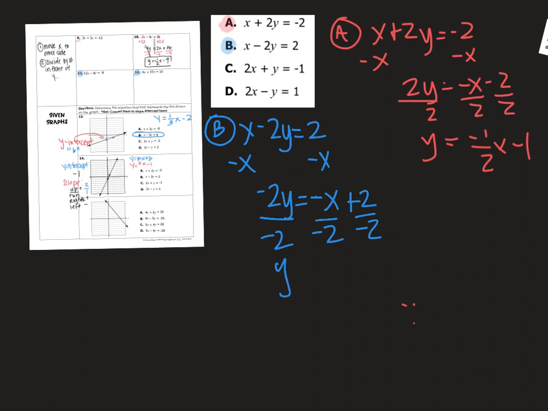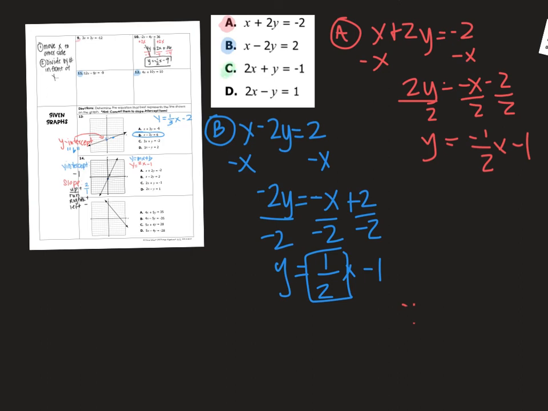You'd be left with y equals negative 1 divided by negative 2 is 1 over 2x. And then 2 divided by negative 2 is negative 1. And this is not our match because we wanted 2x, not 1/2 x. So B is not your choice.